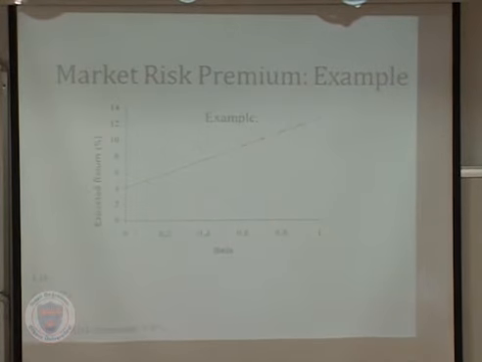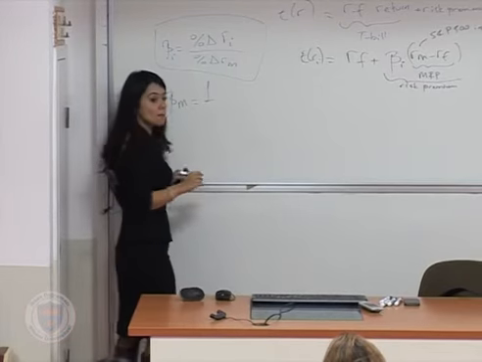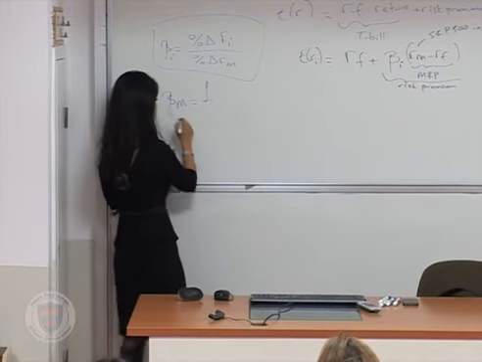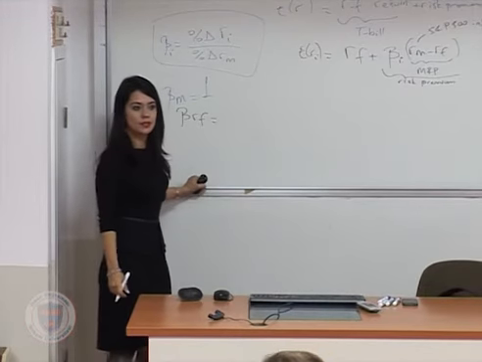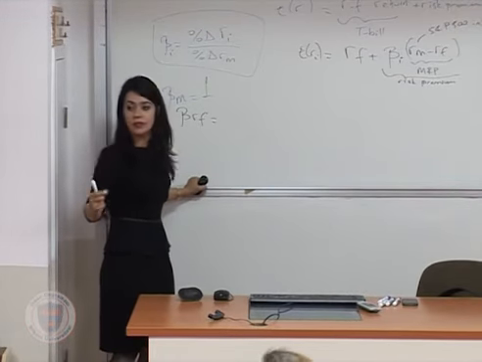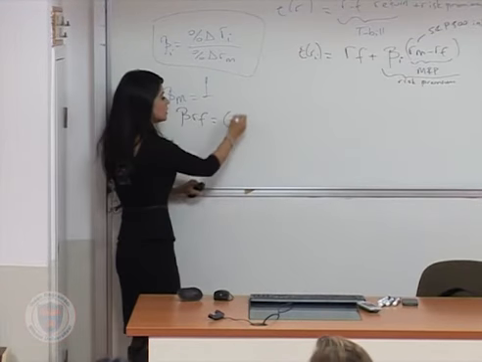So let me ask you two questions. What is the beta of the market? 1. What is the beta of the risk-free rate? Beta of the risk-free rate. Thank you. Beta of the risk-free rate should be 0. Hocam neden?